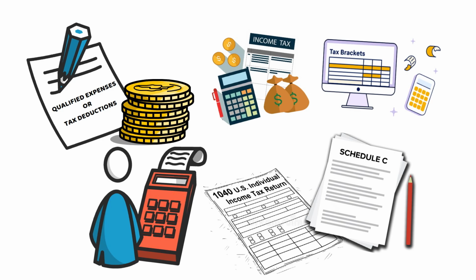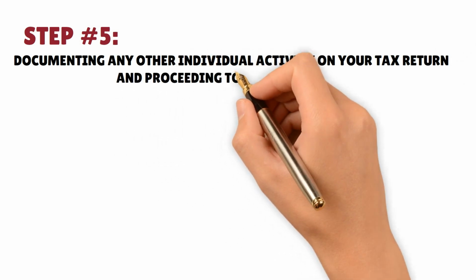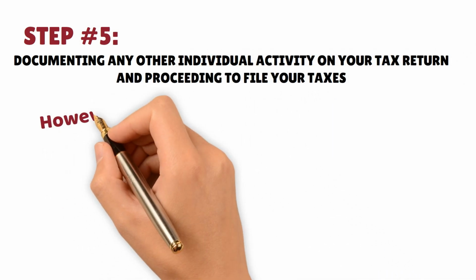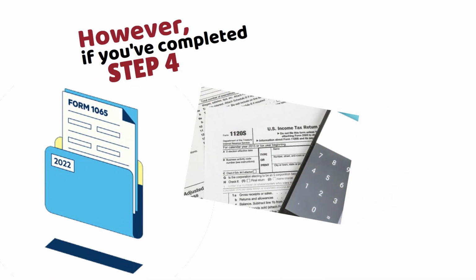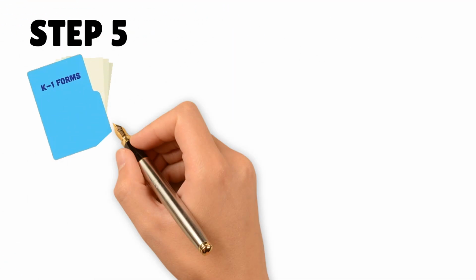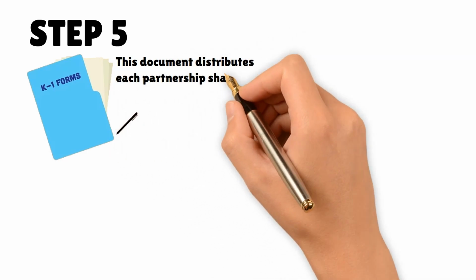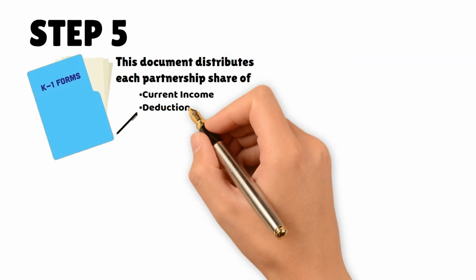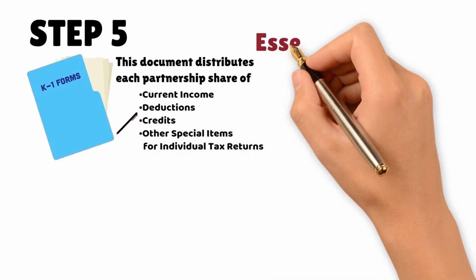Post this calculation, Step 5 involves documenting any other individual activity on your tax return and proceeding to file your taxes. However, if you've completed Step 4 within a 1065 partnership tax return or an 1120S tax return, Step 5 involves acquiring your K-1 document. This document distributes each partner's share of current income, deductions, credits, and other special items for individual tax returns.